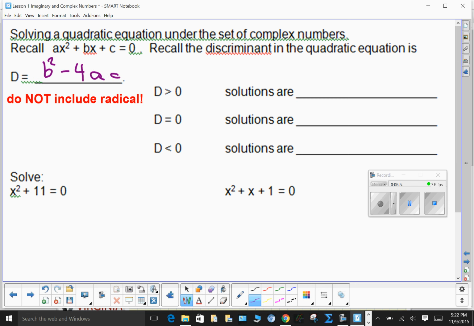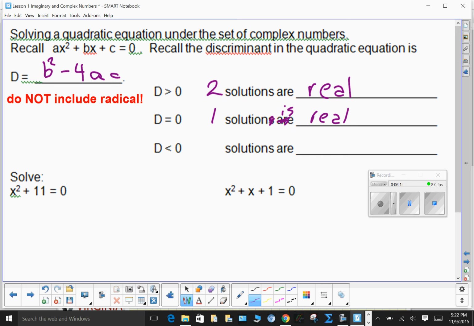When d is greater than 0, solutions are real. There are two solutions that are real. When d equals 0, there's one solution that is real.